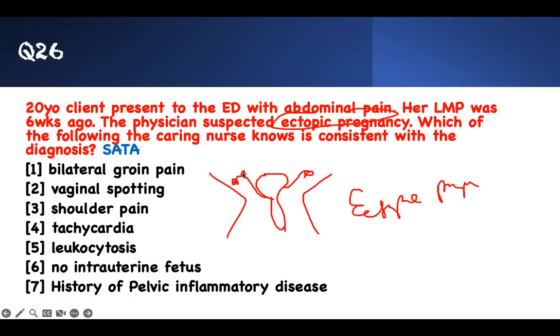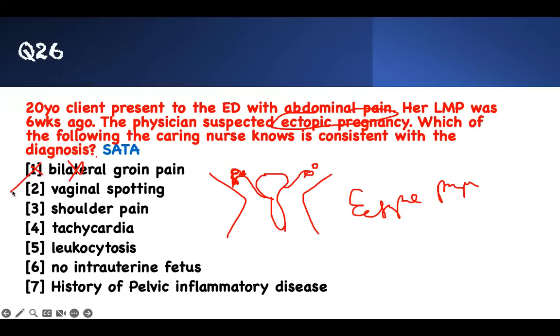That would mean you have 2 implants outside, both on the left and the right, and both of them ruptured. I'm not sure. Usually it's unilateral. Unless you have twins and both of them are ectopic. They never get through the fallopian tube into the uterus. So it's not bilateral, it's unilateral.